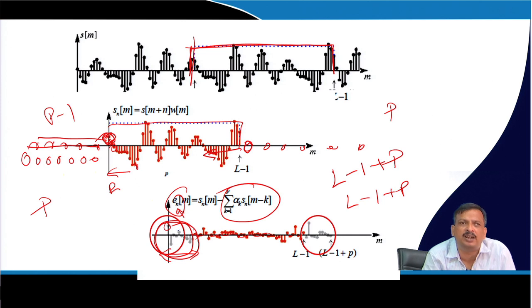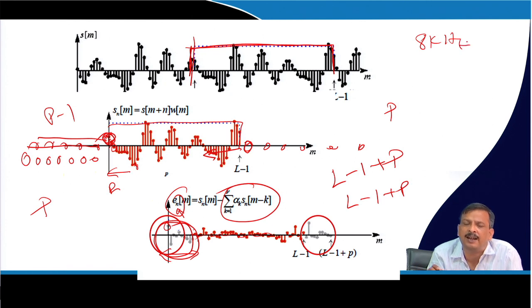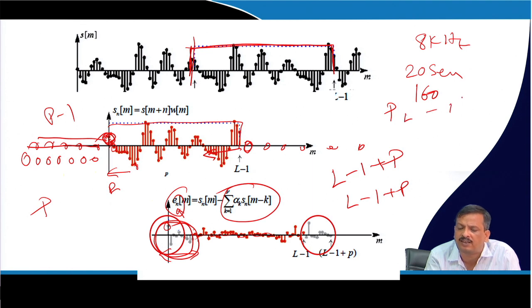Let us take a real life example. Suppose I have a speech signal of 8 kilohertz sampling rate. If my window length is 20 milliseconds, how many samples will be there? 160 samples. So, L varies from 0 to 160 minus 1, that is 159. If I run a 14th order prediction, what should be the length of the prediction error?